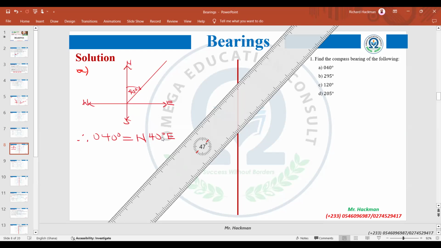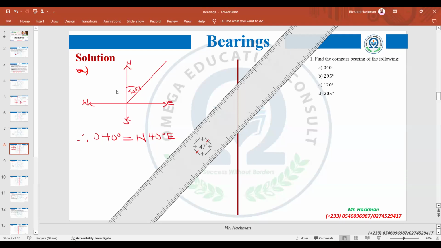Then you look at the angle, you move the angle towards either east or west. So if it is here, it is north and I'm moving towards east. If it comes here, it will be south, and you move towards east, because it's between south and east.